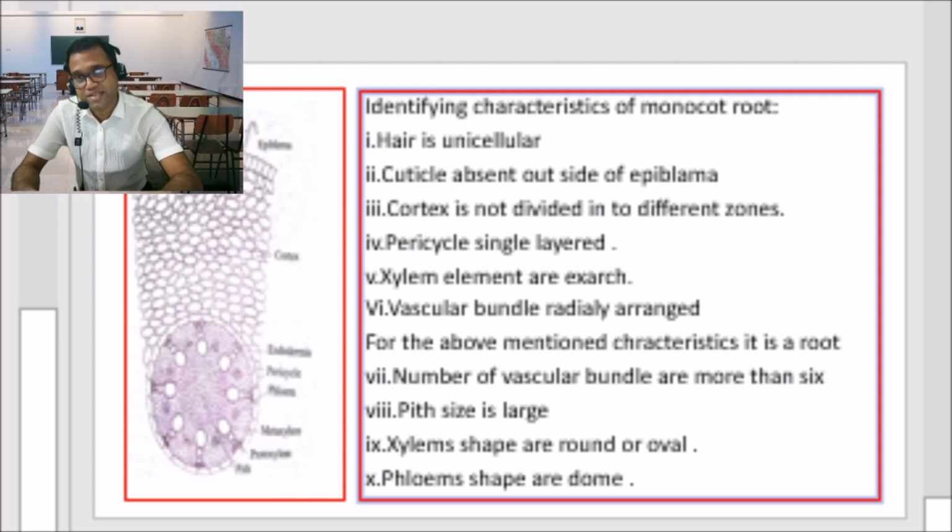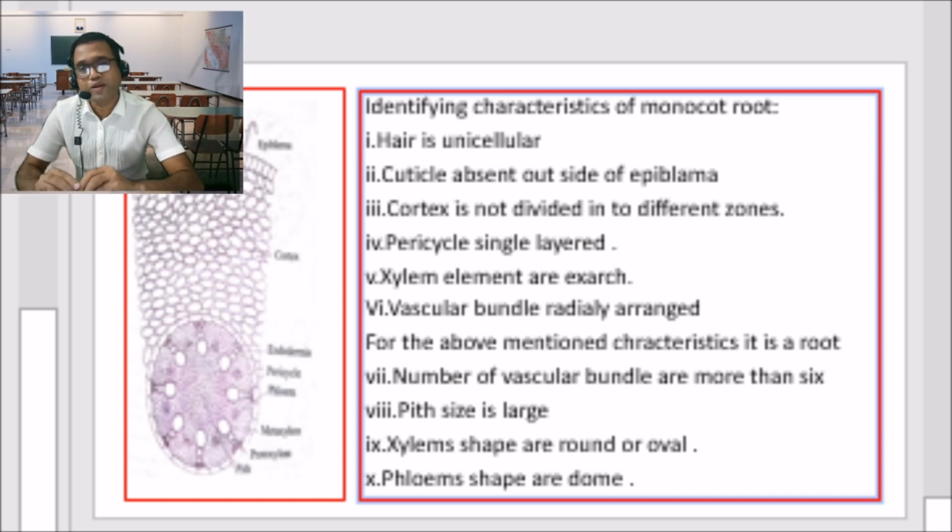For these 6 characteristics, we can say that this supplied specimen is a root, because these are the basic characteristics of root, and the opposite characteristics of these 6 characters are the basic characteristics of stem.